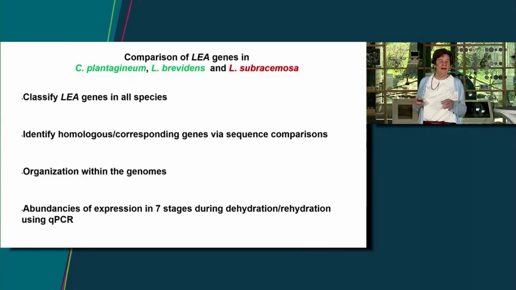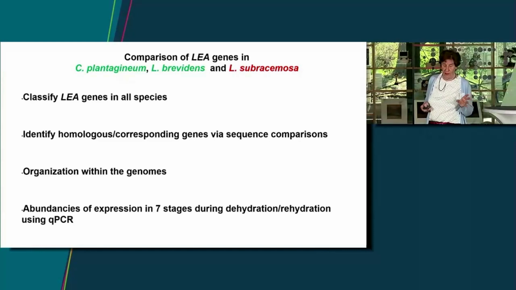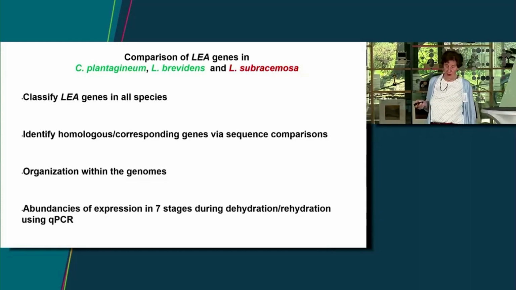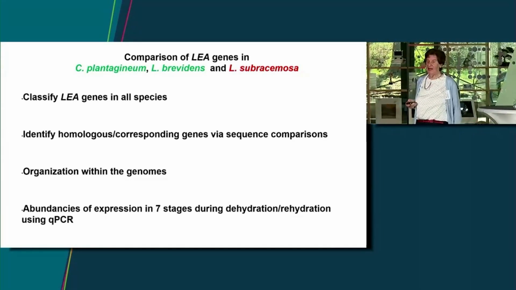We aligned the genome parts and tried to classify these Lea proteins, and we tried to identify regions in the genome with homologous genes via sequence comparisons. We looked at the organization of these Lea proteins in the genomes of these 3 plants, and we also determined the expression during different stages of dehydration and rehydration in these plants.